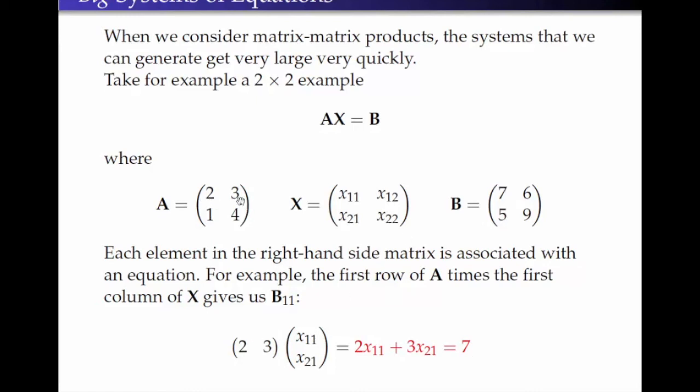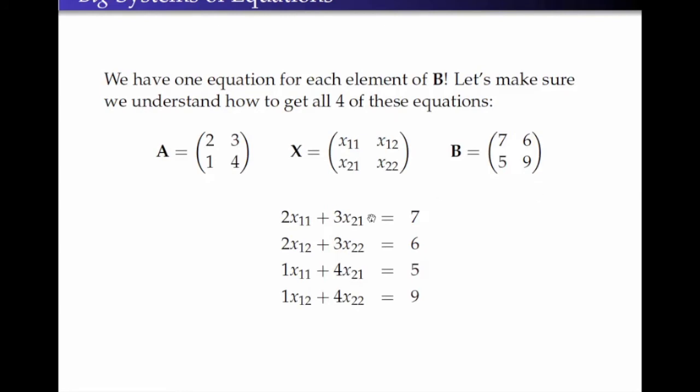So for each row times column, I have a right-hand side value in B. So I have as many equations here as I do elements in B. So here, with a 2x2 matrix multiplied by a 2x2 matrix, it equates to 4 equations with 4 unknowns. One for each entry in the right-hand side B.